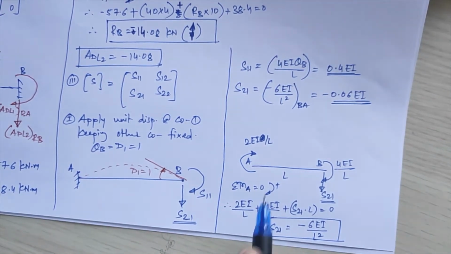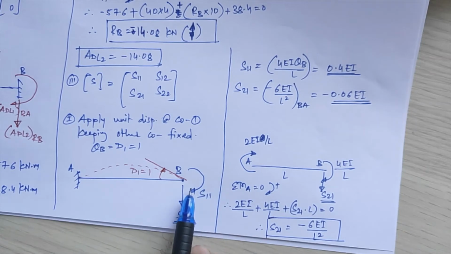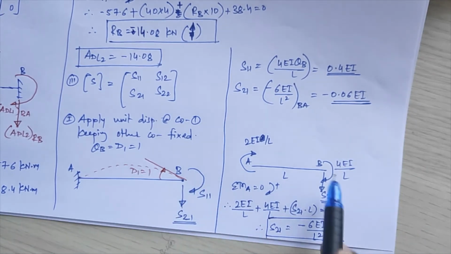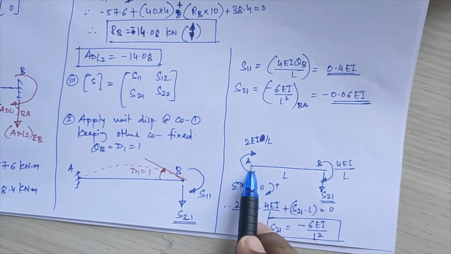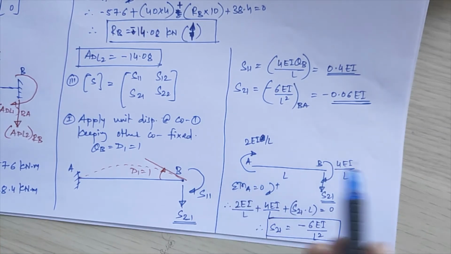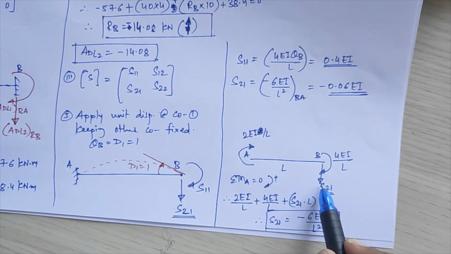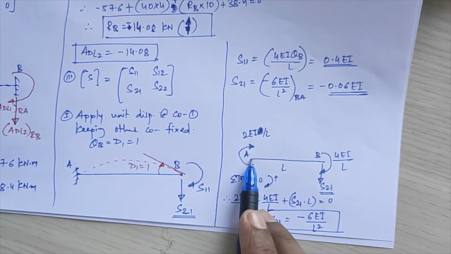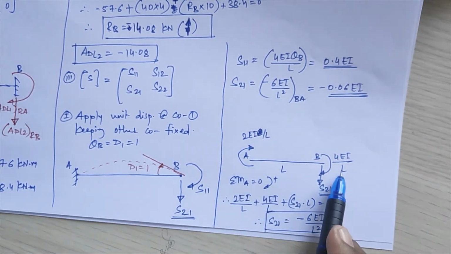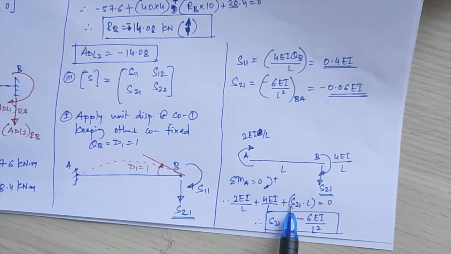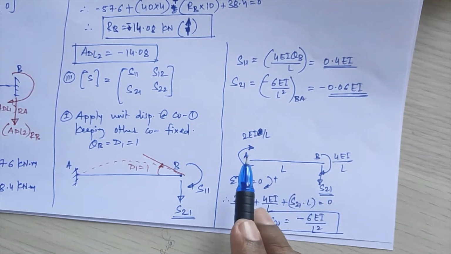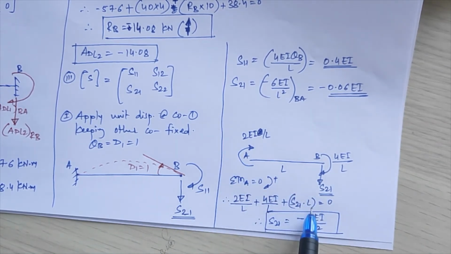See, again I will repeat, this is your AB member. Due to this unit rotation, that is theta equal to 1, near end rotation will be subjected at B, far end rotation will be subjected at A. I have to calculate this value of S21. S21 I have kept in downward direction as it is. So taking moment at point A, 2EI upon L and 4EI upon L get added, plus S21 will be having clockwise rotation, so plus S21 into lever arm L equal to 0.